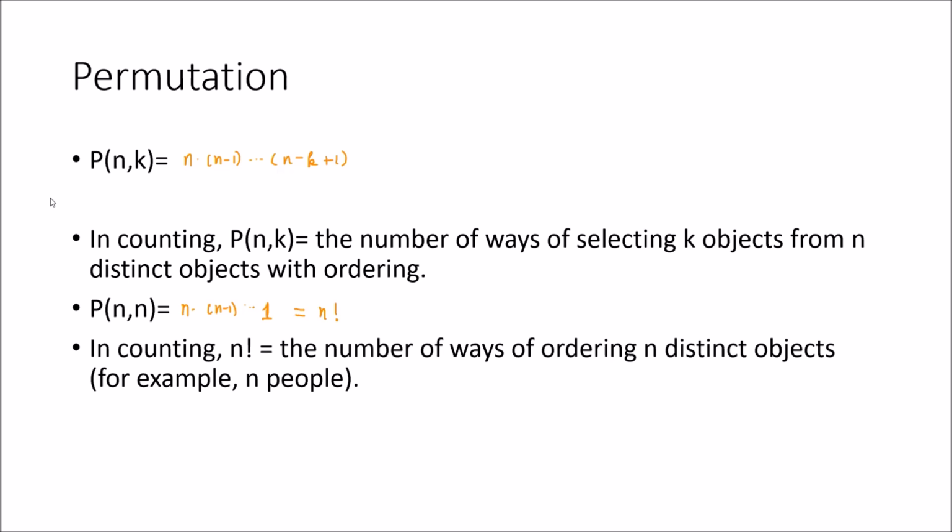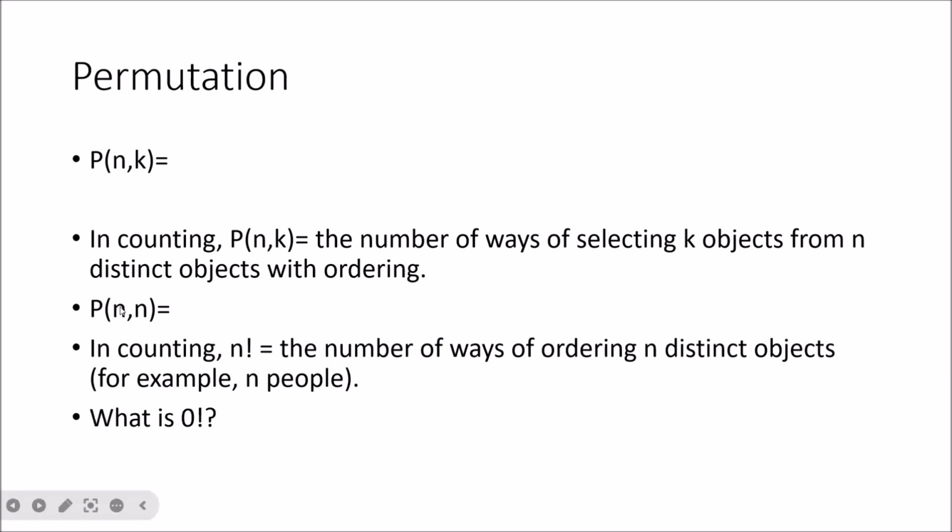For example, if you want to order n people, then you have n factorial ways. We're going to use this idea for the following problems. So you need to get used to the number of ways of ordering n distinct objects being n factorial. And vice versa, when you see n factorial, you understand the meaning of that.